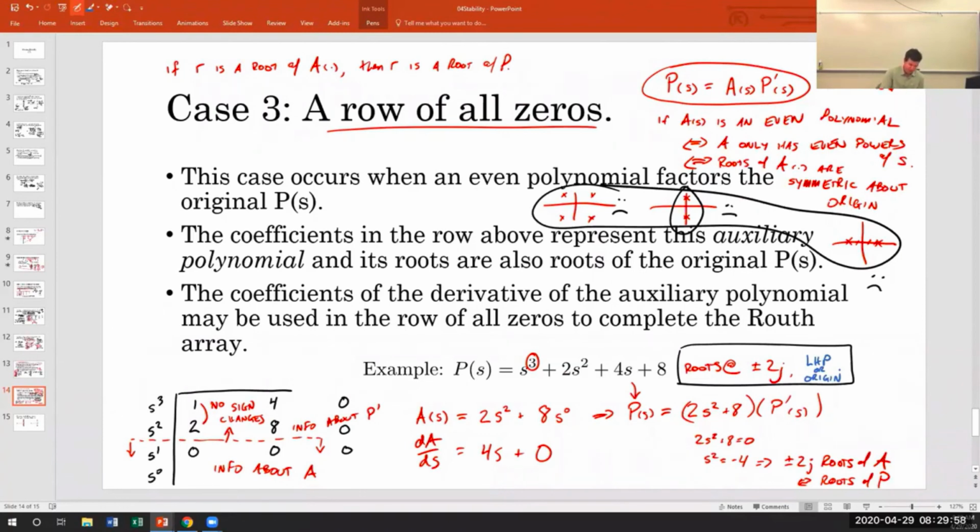Right, because the number of sign changes tells me the number of strictly right half plane roots. Since there were no sign changes, that means there are no strictly right half plane roots. Since there's only one root, it could either be at the origin or a negative real number. Does that make sense? Yeah.